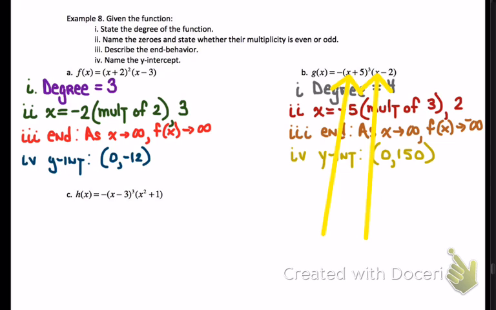I don't know why I wrote positive 150 when it should actually be negative 250. Okay.